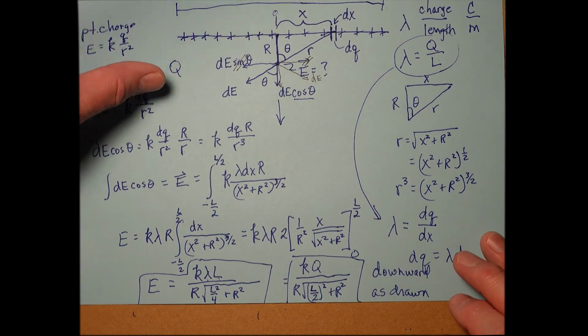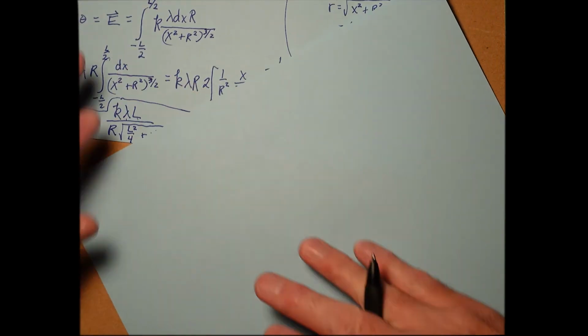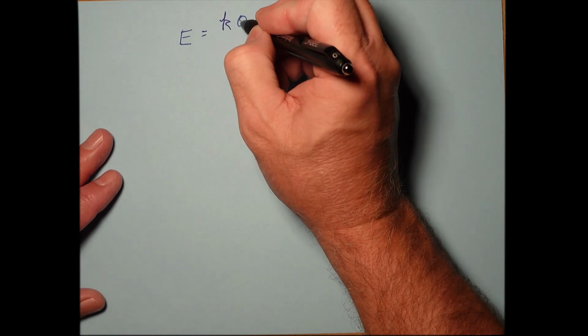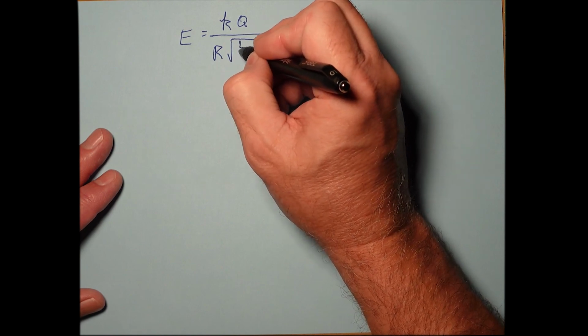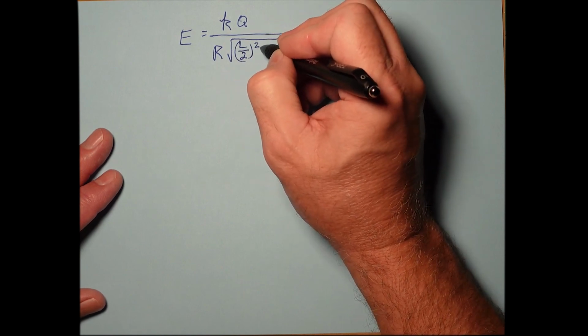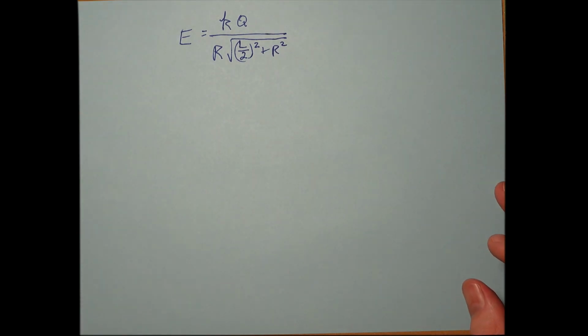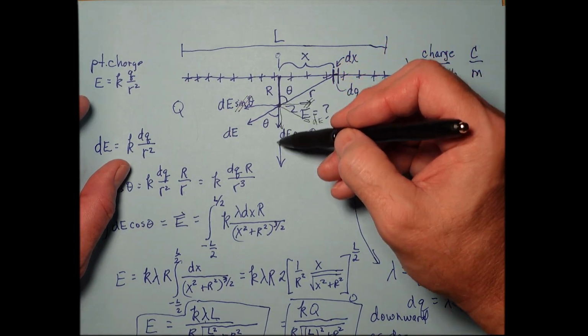Now, let's take that. I'll transfer it to another sheet. The electric field is K big Q over R square root of L over 2 squared plus R squared. There's the electric field. You can check this, at least do a mental check on it, by imagining what's going to happen if big R gets really, really big.